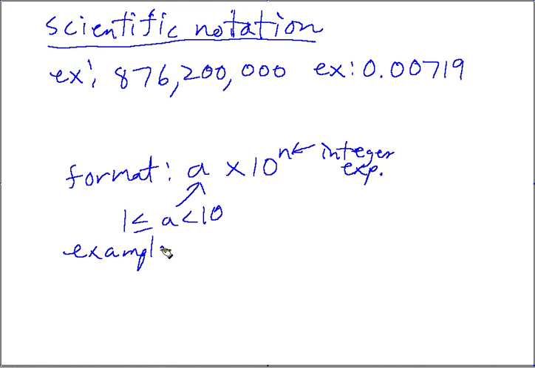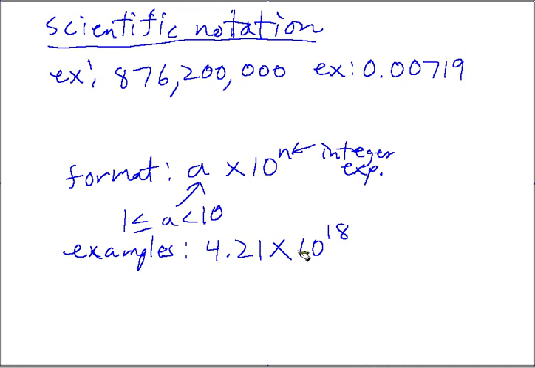Here are some examples of numbers in scientific notation. For example, something like 4.21 times 10 to the 18th. Again, 4.21 is between 1 and 10, and my n is 18 in this case. Now, is this a big number or a small number? Well, if n is positive, then it's a huge number.